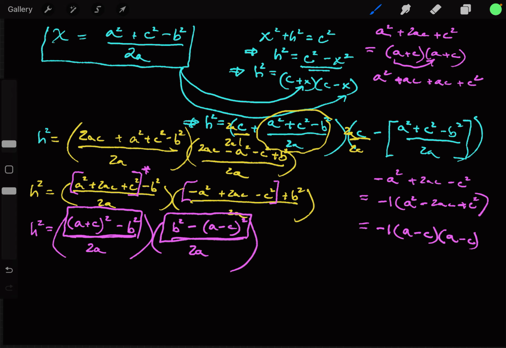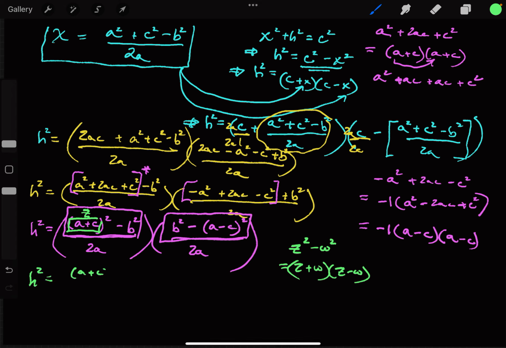Let's use z and w. z squared minus w squared is equal to z plus w times z minus w. But if you look, this whole thing could take the role of z. So this thing factors as a plus c minus, this is just b, like w is b, right?